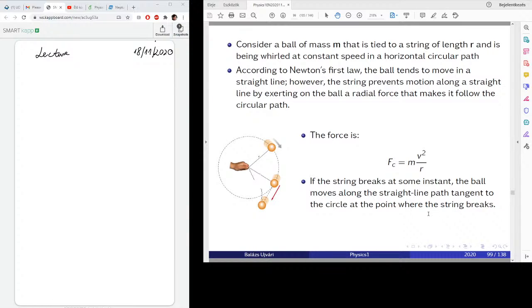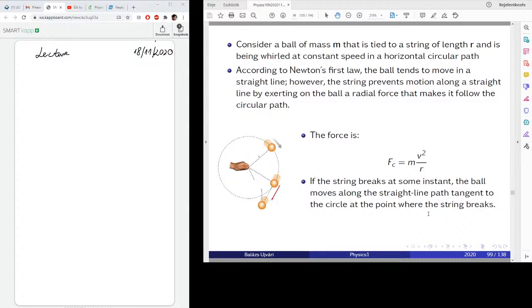So if you rotate a ball with a string, you can even measure with a spring what force you need to keep this mass m body on an r circle with the velocity v.